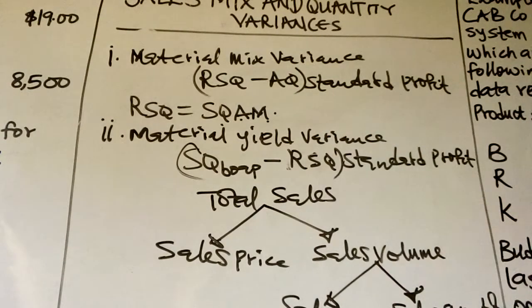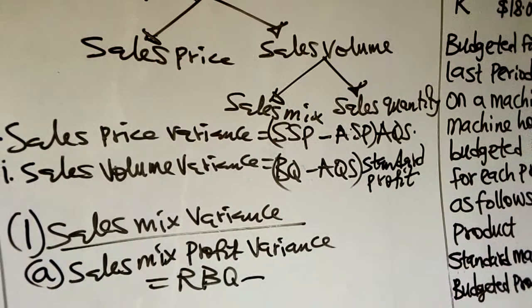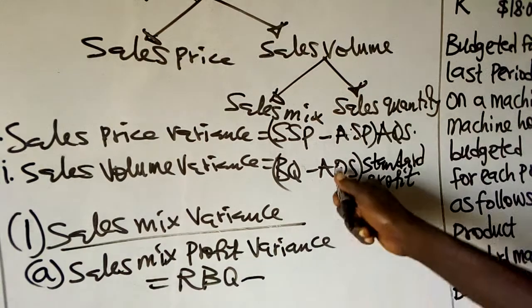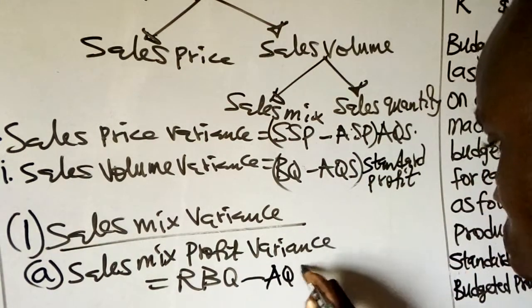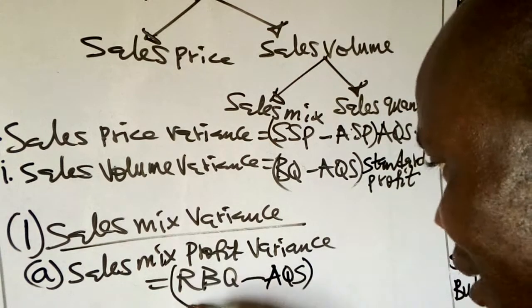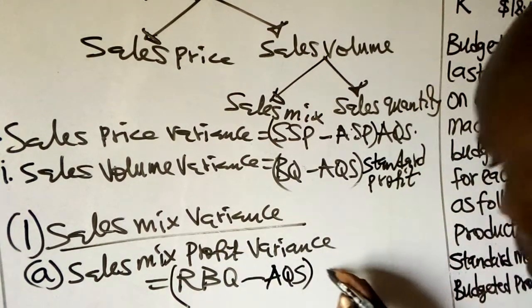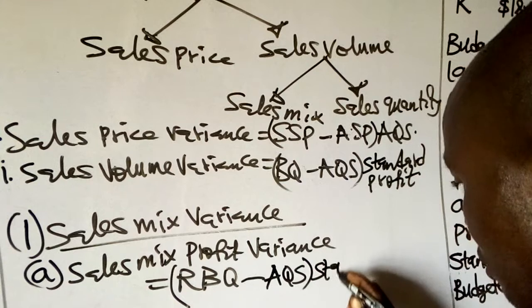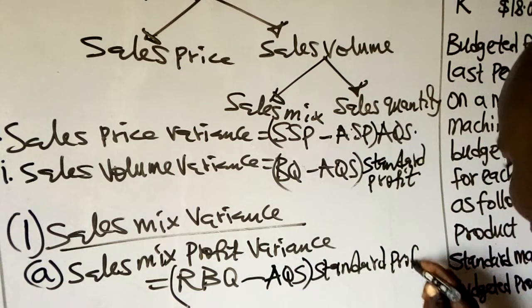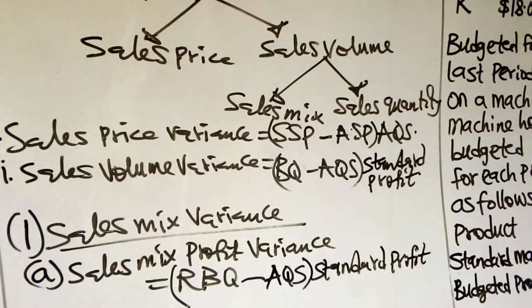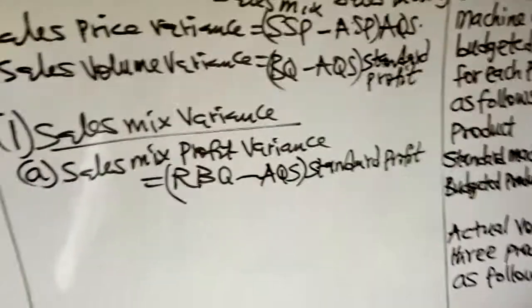So in terms of sales mix variance, it will become actual quantity sold multiplied by, since it is profit variance, standard profit. Remember, we have standard profit here.